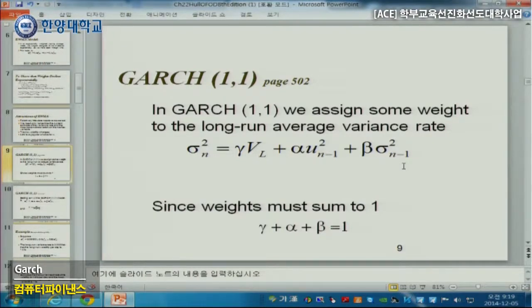And then we give another weight to the volatility we estimated yesterday. So in some sense, beta is the persistent part. Beta measures how volatility persists over days, and alpha measures how volatility is affected by very recent data.